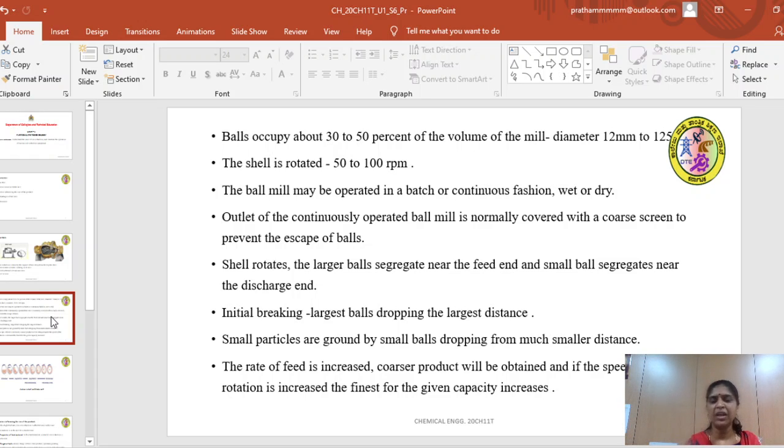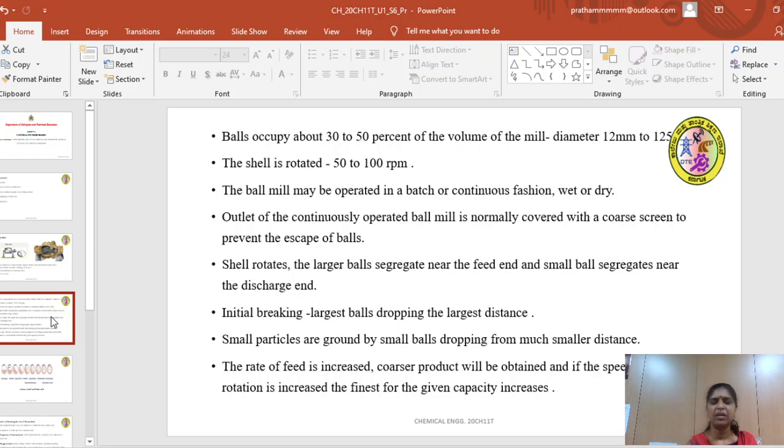So the larger particles are ground by the larger balls from a larger distance, and the smaller particles are ground by the smaller balls from a smaller distance.